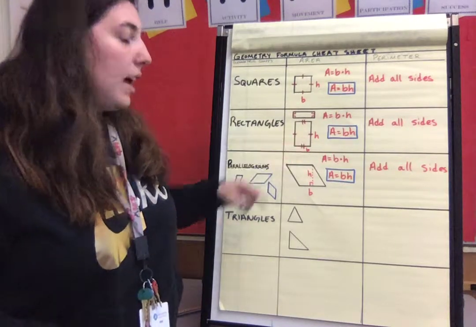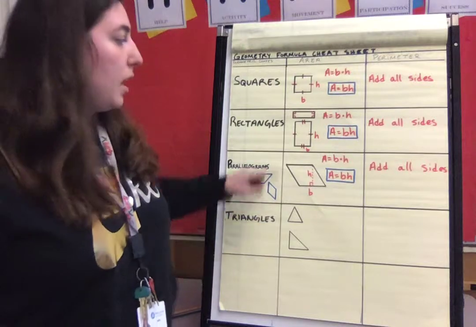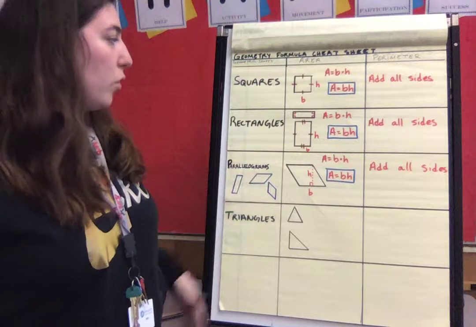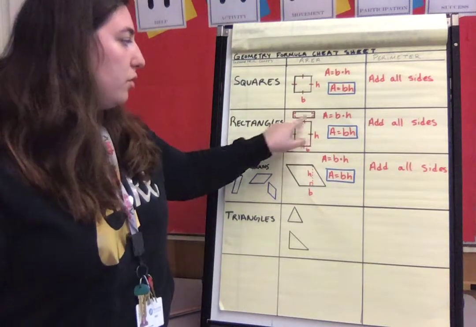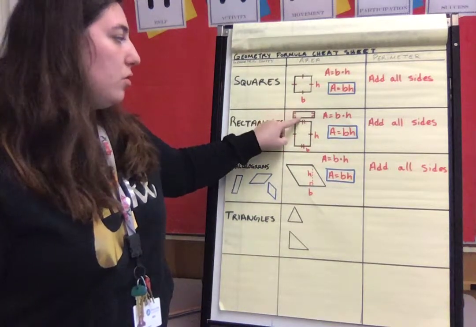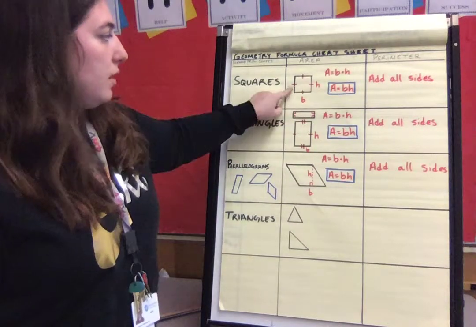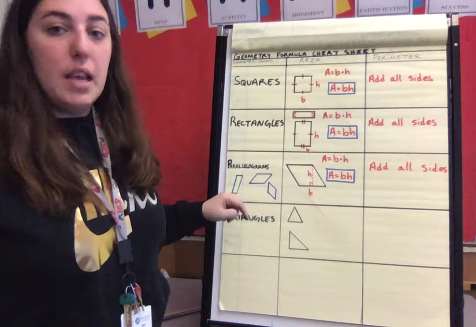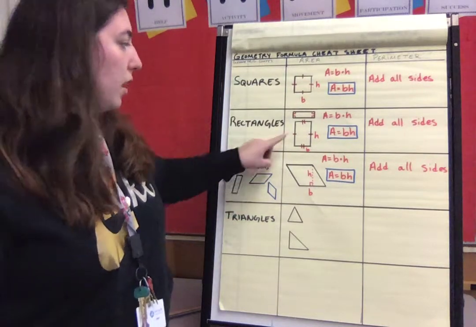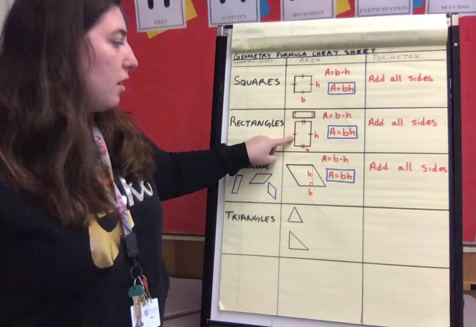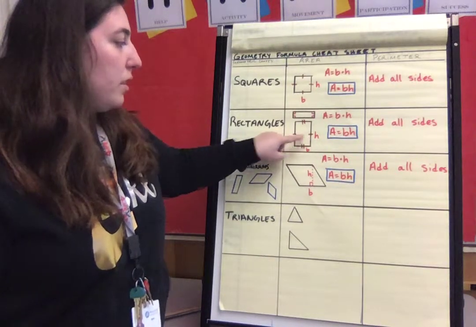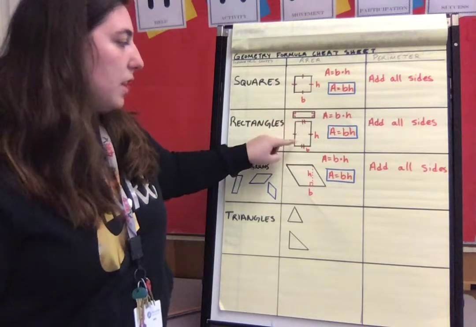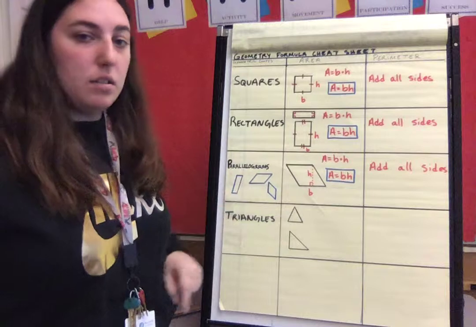This side and this side are congruent, and these two sides are congruent. These tick marks just mean that these sides are the same, congruent, equal. One tick mark means both of these sides are the same, and the two tick marks say these two sides are the same, but different from those two sides.